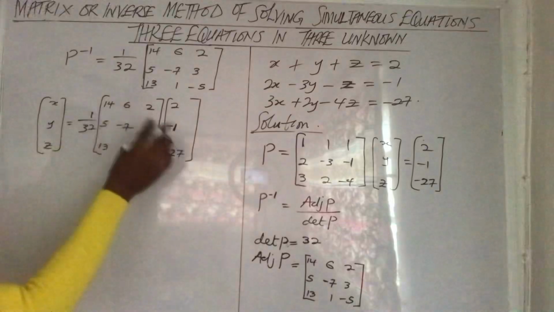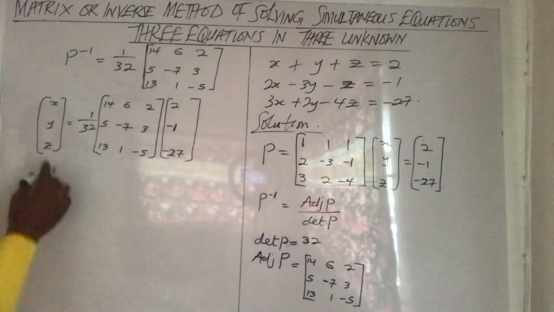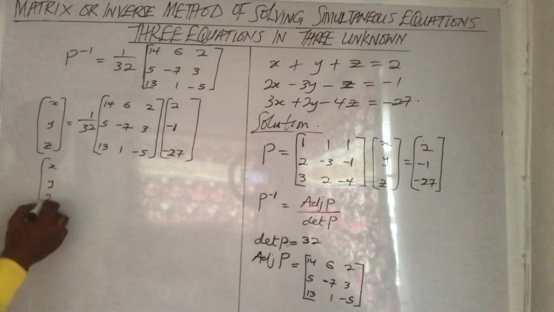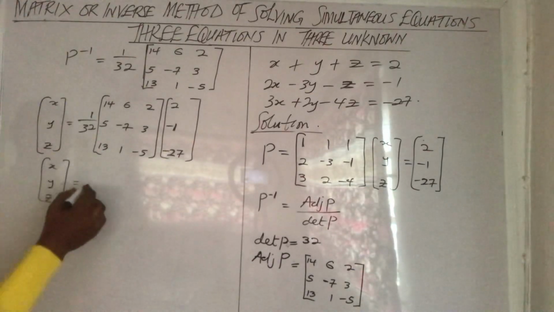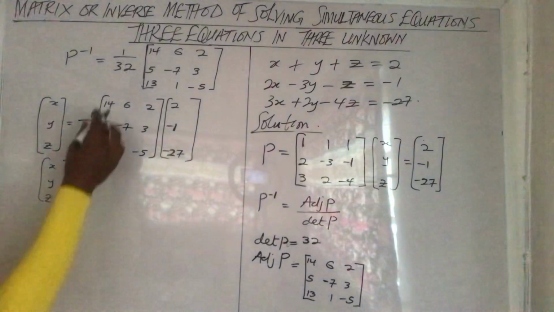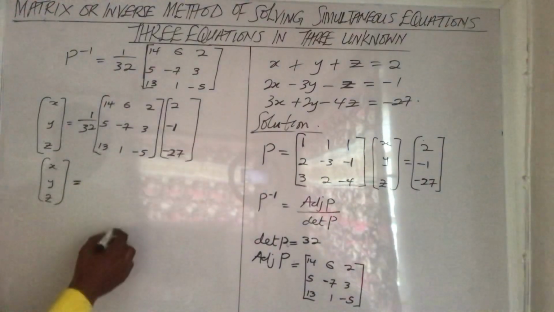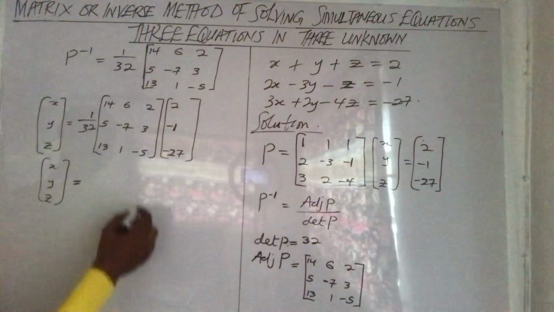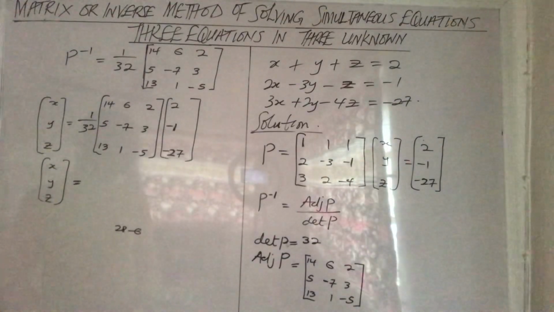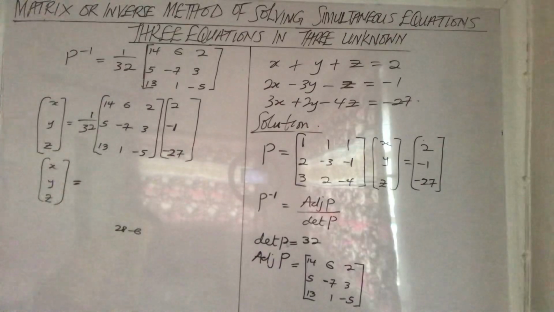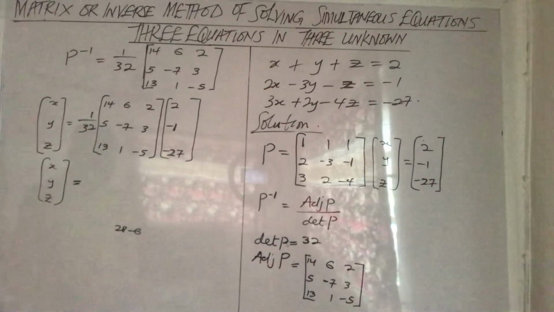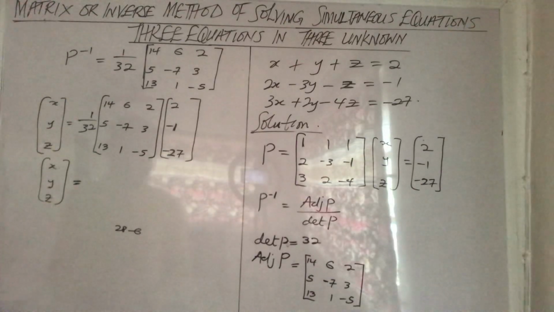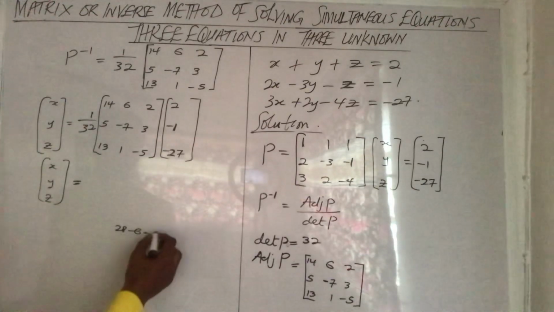So if I multiply this by this now to give my x, y, z, in that case x, y, and z should be equal to, this times this, that's 28. This times this is minus 6, and this times this is minus 2 times 27, minus 54.